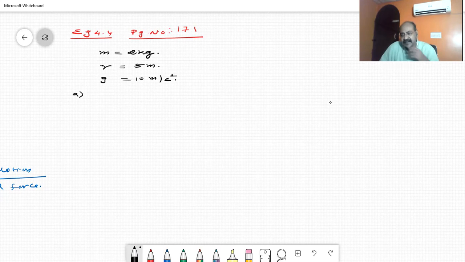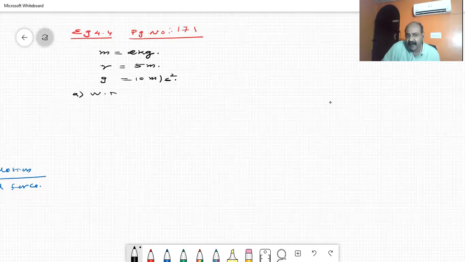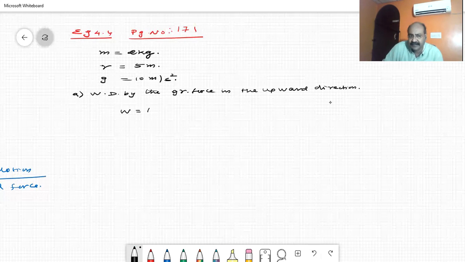The first concept asked is the work done by the gravitational force in the upward direction. So A is work done by the gravitational force in the upward direction. Let us consider that work done as W. In general, we can say the formula as F cos theta into dr, magnitude.